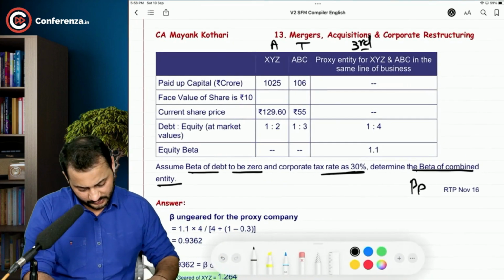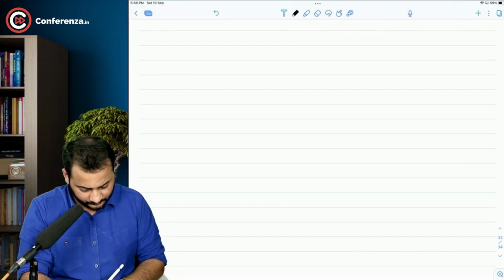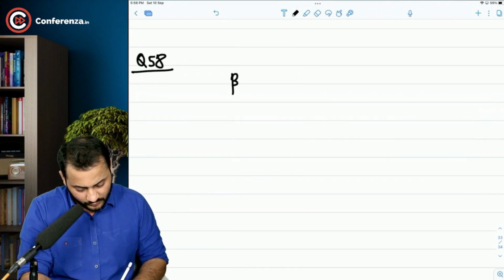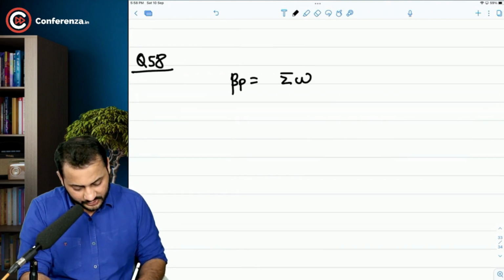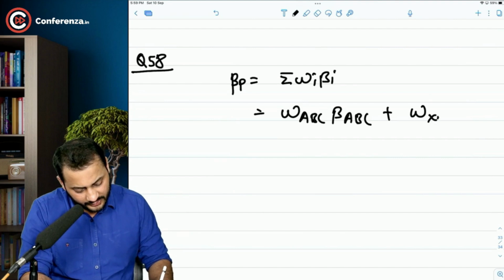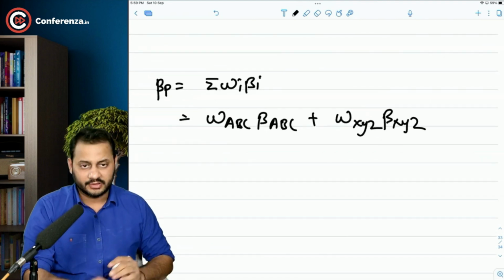This is question number 58. Portfolio beta is equal to the summation of weight i into beta i. That means weight of ABC into beta of ABC plus weight of XYZ into beta of XYZ.